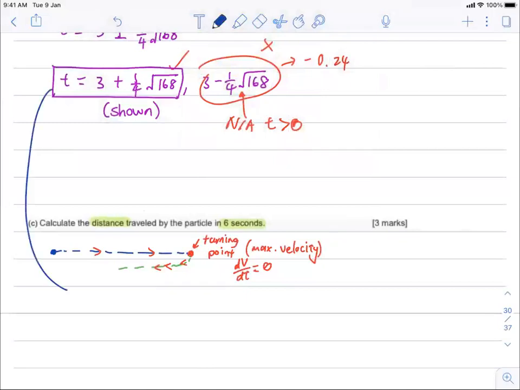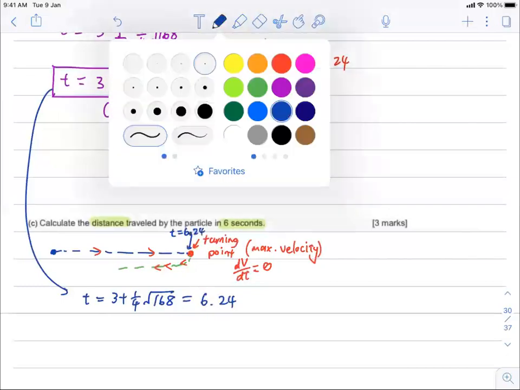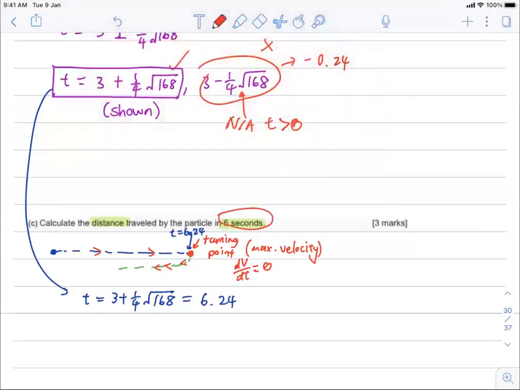So from the previous part, the turning point is 3 plus 1 over 4 square root 168. 1 over 4 square root 168 is 6.24. Okay, so we know the turning point occurs at t equal to 6.24, which is a good thing because the question asks us to find 6 seconds, which means you want to calculate the distance roughly around here.